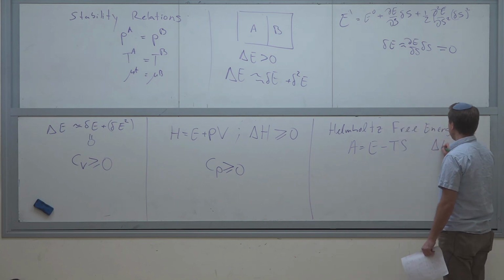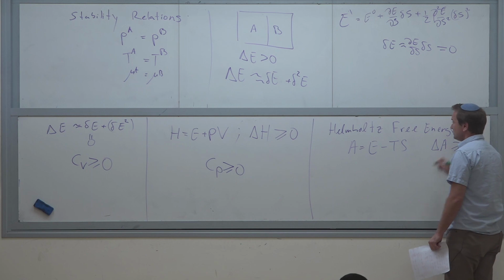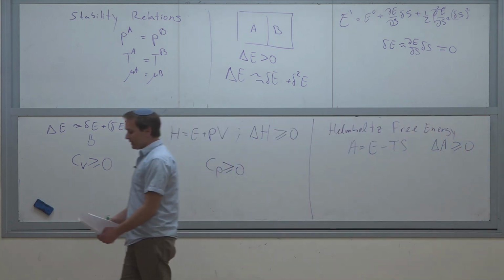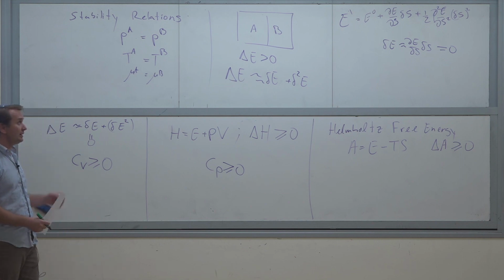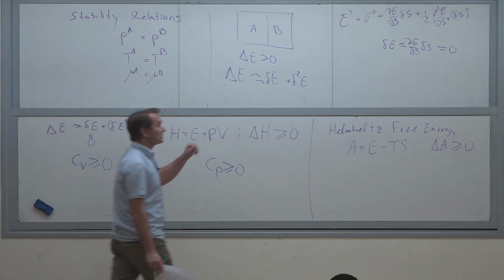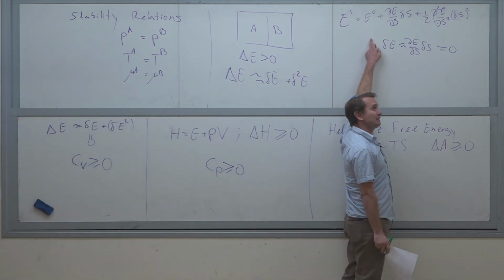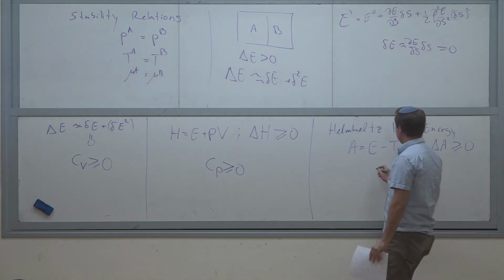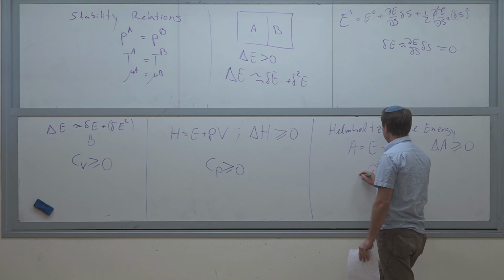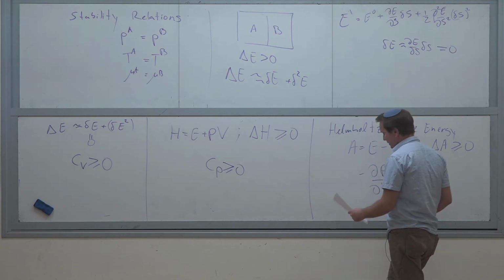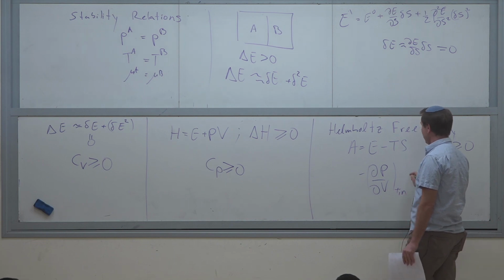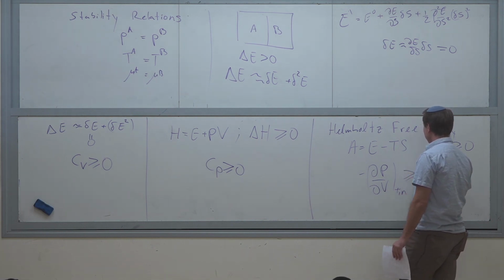So delta A is greater than 0. Again, we expand A with respect to changes in volume. We use the first order derivative, obtain something. We use the second order derivative. And what we obtain over here is that minus dP/dV, while keeping everything else constant, T and N, is greater than 0.